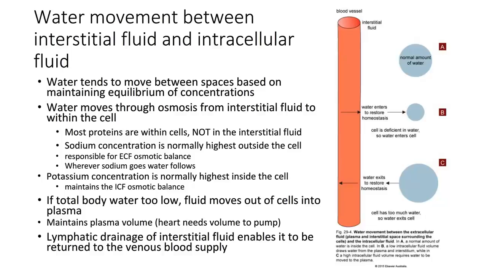So the plasma volume is always maintained at the expense of the cellular volumes. The lymphatic drainage is there to move any interstitial fluid that can't get back into the vascular flow back to the venous flow through the lymphatic drainage.